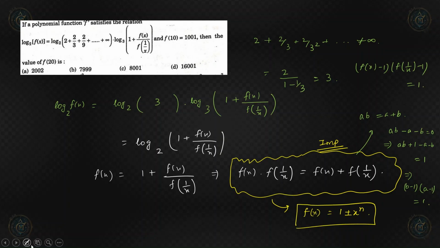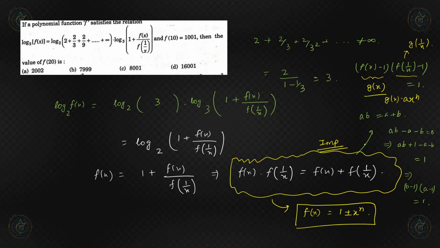Now if we consider this as some other polynomial function g(x), then this is nothing but g(1/x). So g(x) times g(1/x) equal to 1. If we have a polynomial function g(x) which satisfies g(x) equal to 1 by g(1/x), that means the polynomial of degree n must look like some constant a times x to the power n.